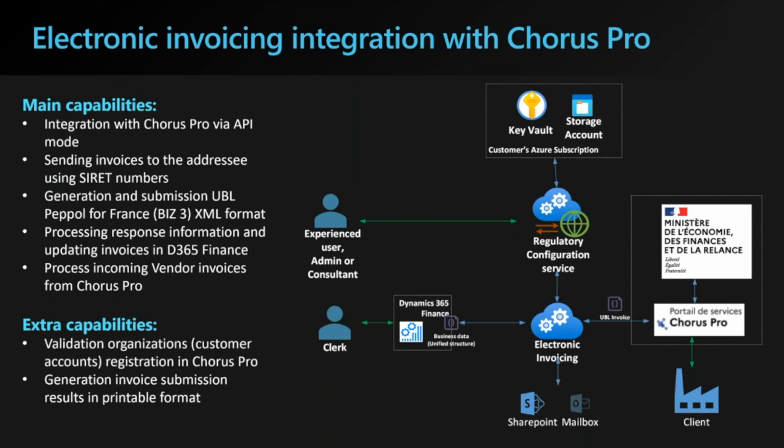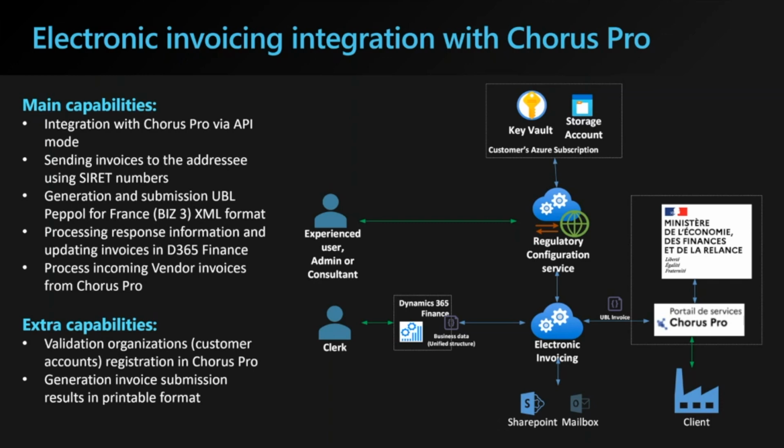From the generation of the format perspective, we will generate and submit UBL PEPPOL, also known as BIS3 XML format. Processing response information and updating invoices in Dynamics 365 Finance is one of the steps during the communication chain.